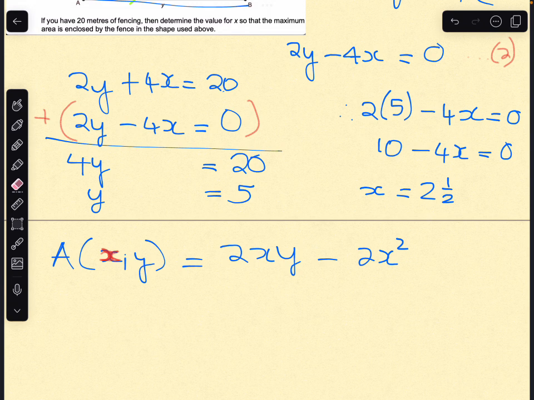So now the x would be a constant and the y would be the variable. So if we then differentiated this expression, now this term would just be 2x because this is the coefficient of y, and this term over here would be a constant, so it would just fall away. So the first derivative would be this guy over here.